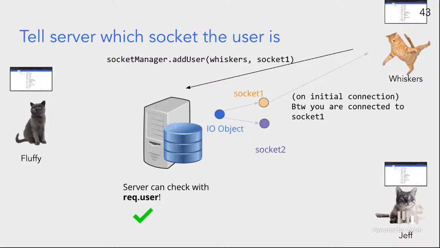Now that we've created this mapping from the user Whiskers to the socket, we can consider these labeled sockets. We know whose is whose.